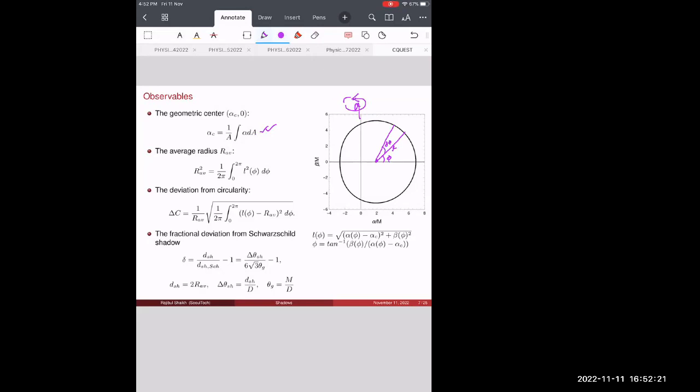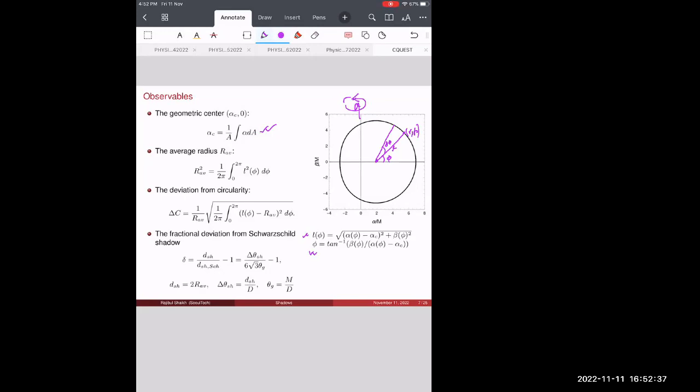So this is d phi. And this point is alpha, beta on the shadow curve. In terms of alpha, beta, L of phi can be written by this expression.